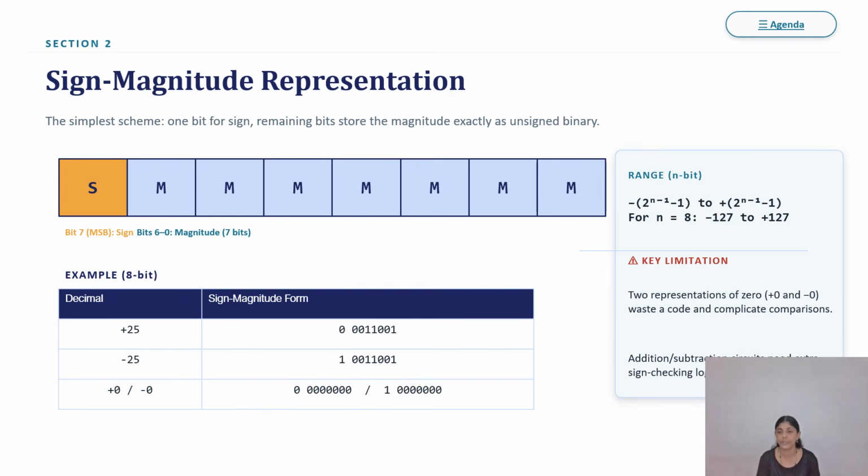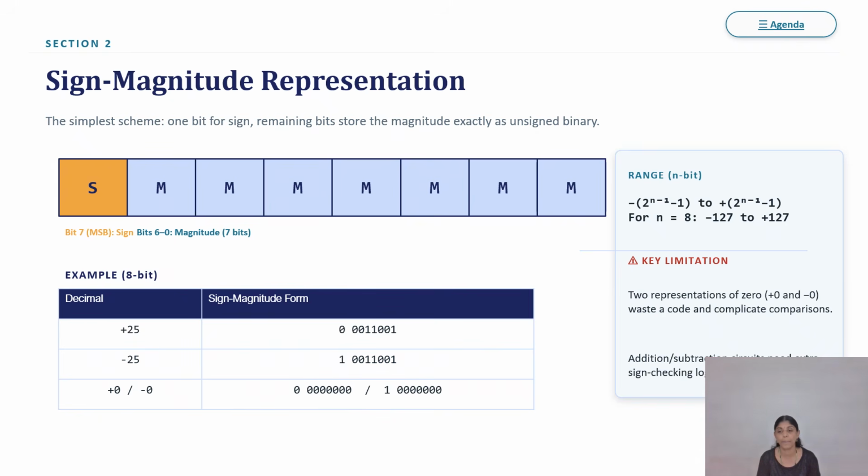Right. And here, on the right side, you can see I have mentioned a range. Range for n bits. So how many bits am I considering? Byte I am considering, so byte means it is 8 bits. For n equal to 8, the overall formula, please remember: minus of 2 power n minus 1, minus 1, to plus of 2 power n minus 1, minus 1.